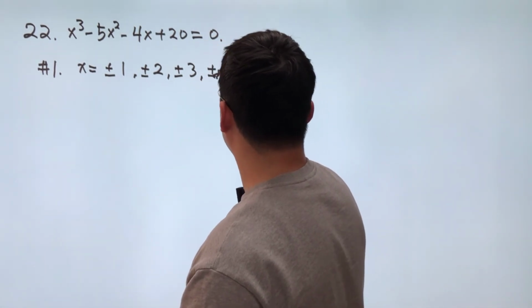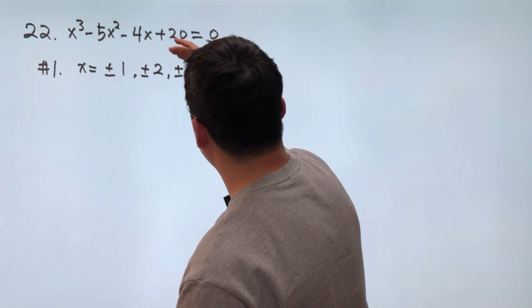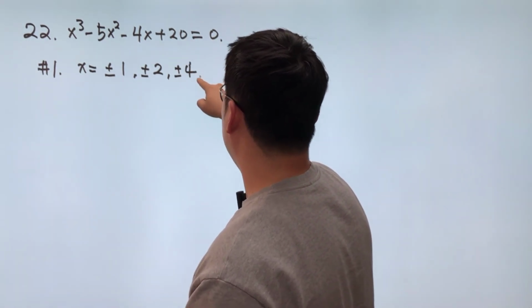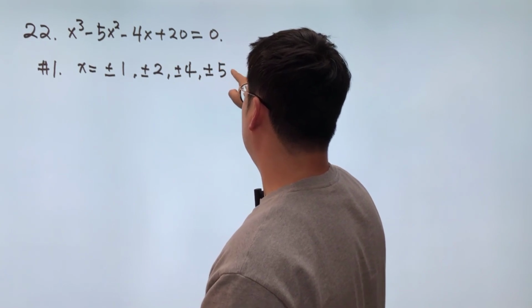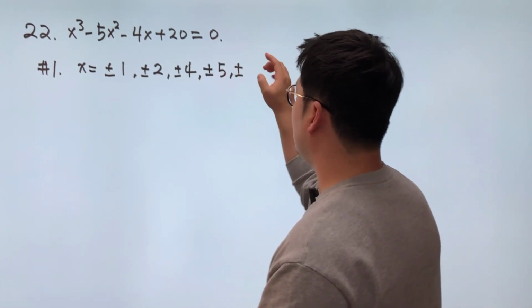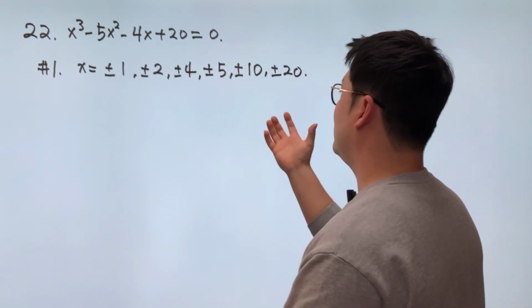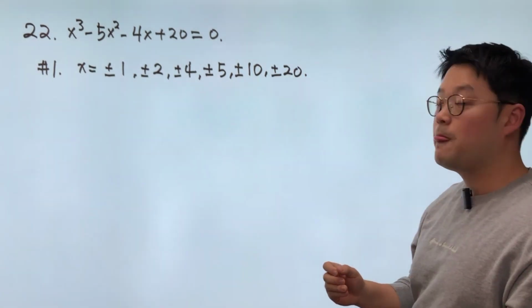So we get 4, plus minus 5, plus minus 10 and plus minus 20, those are the possible integers.